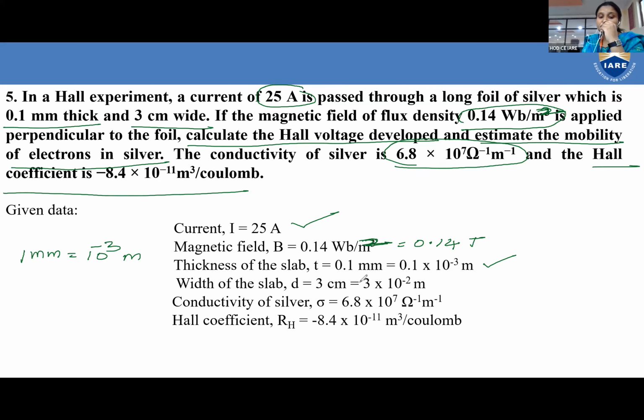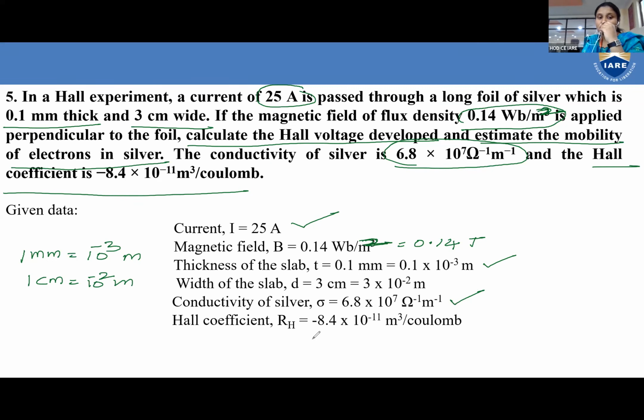What is the width of this slab? Width is 3 centimeter, and 1 centimeter is equal to 10 to the power of minus 2 meters, so 3 centimeter is 3 into 10 power of minus 2 meters. Conductivity of silver is 6.8 into 10 power of 7 ohm inverse meter inverse.